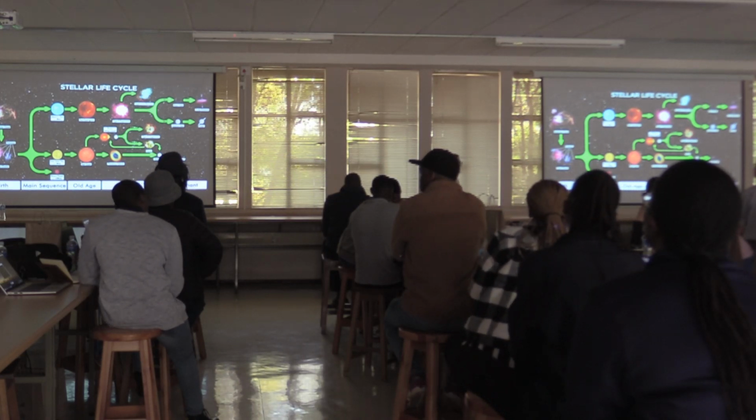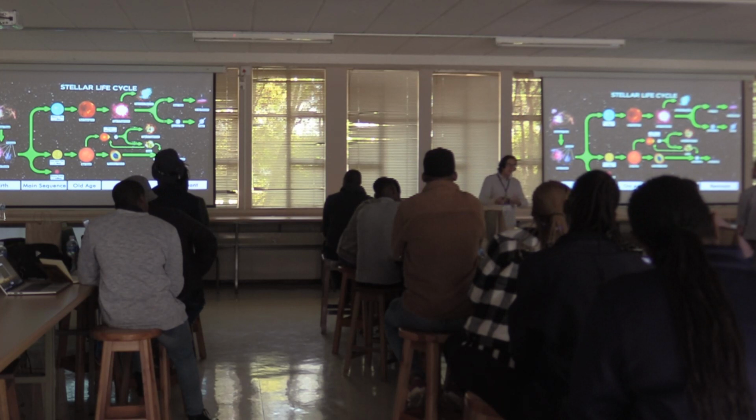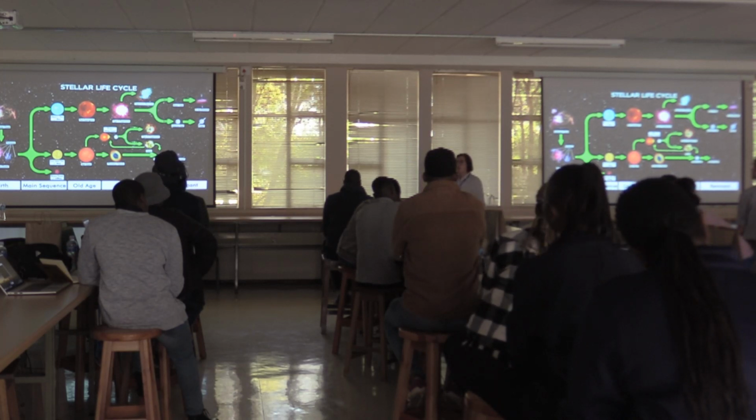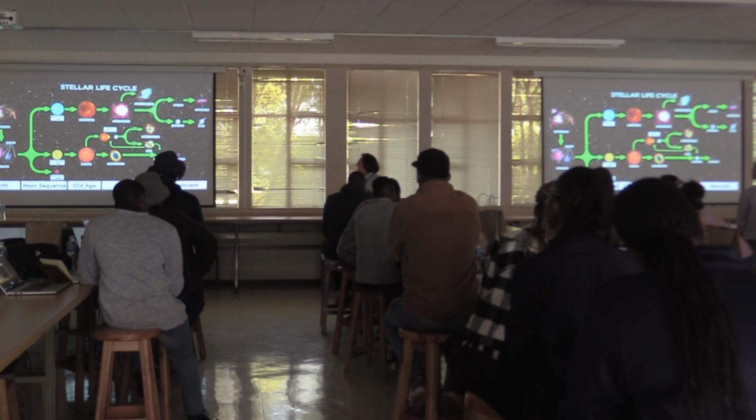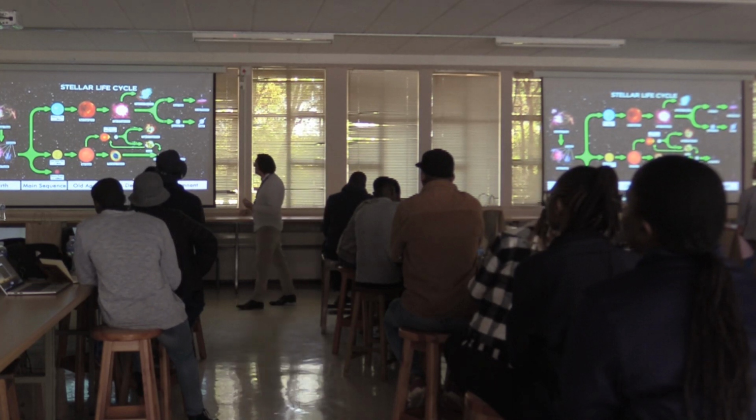And the thing about iron is that the fusion reaction is endothermic, so to make that happen you would have to put energy into the system rather than getting it out. So the fusion reaction stops, the star stops burning. And then what happens at that point is dependent on the mass of the star.